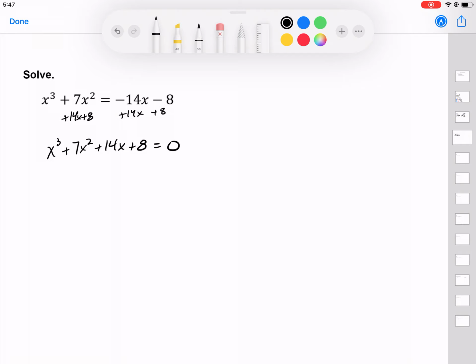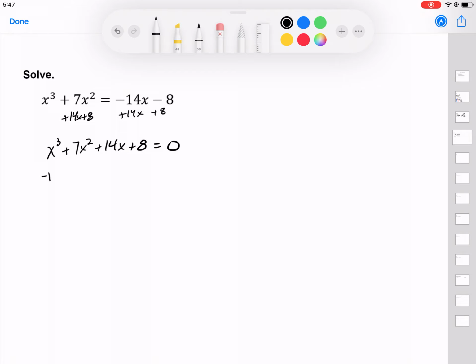Now, 4 terms, when you see 4 terms, you typically do grouping method, but I can tell just offhand that grouping method's not going to work, so we're going to have to use synthetic. All of these, by the way, are positive, which tells me I'm going to want to put a negative number in, so I'm going to go ahead and try -1 first.